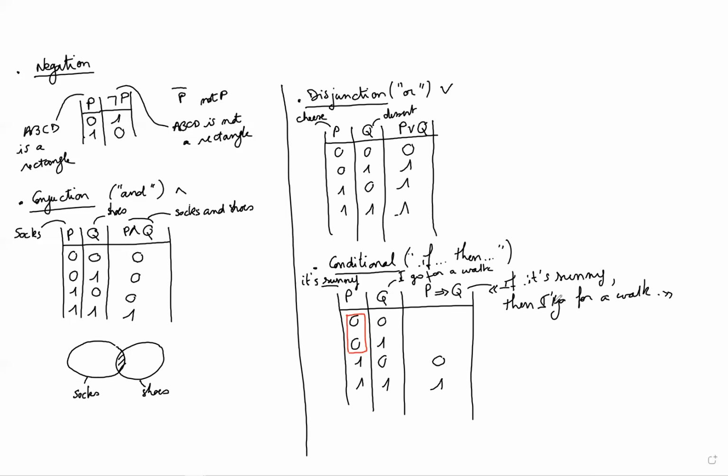So your mind will want to consider that if I say, if it's sunny, then I'll go for a walk, means that if it's raining, I don't go outside, except it is not what I said. I said, if it's sunny, then I will go. But if it's not sunny, I didn't promise anything to you. So if it's not sunny, I did keep my promise because I didn't promise anything for the rainy days, right?